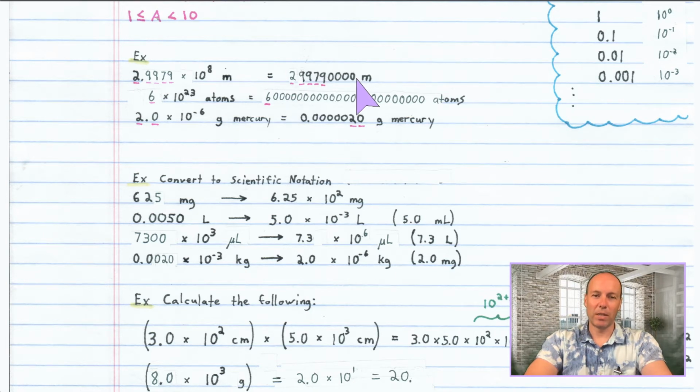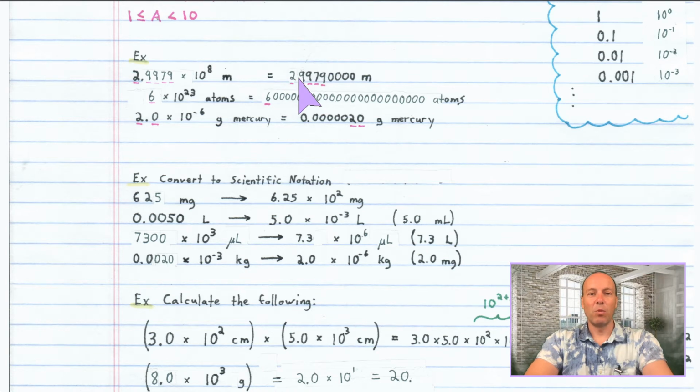If you moved it right here, it would be less than 1, 0.29979. If you moved it right there, it would be greater than 10. So you have to move it right here. And doing that, you're moving it 8 positions to the left. 1, 2, 3, 4, 5, 6, 7, 8.